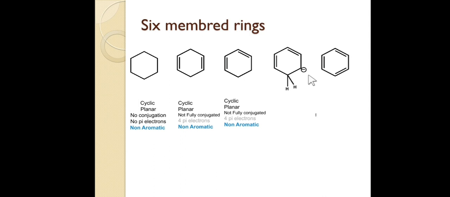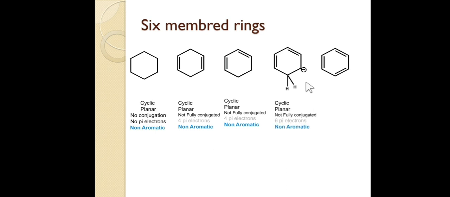It fails the conjugation rule, that is, it is not fully conjugated. If we draw the resonance hybrid, we will draw the dotted line only up to here. This CH2 is away from the conjugation. That means not all the atoms in the ring get conjugation or pi electron density. That's why it is a non-aromatic compound.